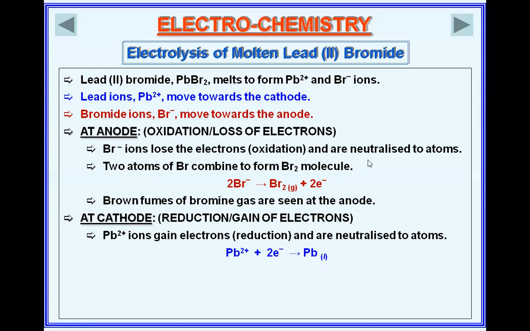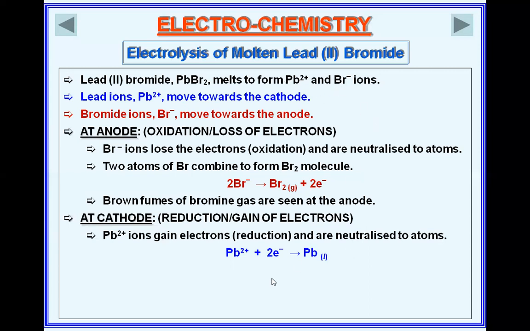So electrolysis is the chemical process brought about by electric current. Positive and negative ions change their nature into neutral ones. Oxidation takes place at the anode, meaning loss of electrons and increase in oxidation number, while at the cathode there is reduction, meaning gain of electrons or removal of oxygen or decrease in oxidation number.